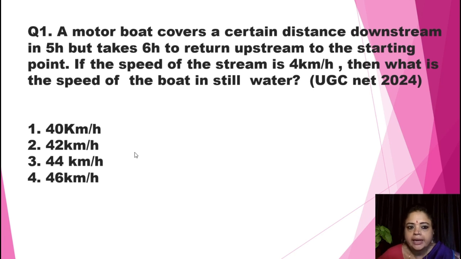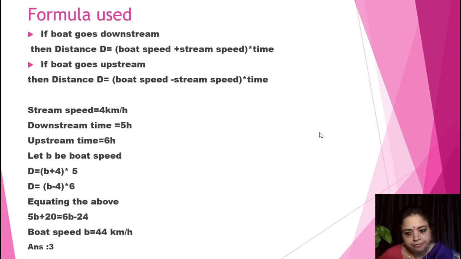The question asked is about the speed of the boat in still water. We cannot directly apply the above formula. Instead, we need to know some tricks or a formula that is used to calculate the speed of the boat. If the boat is going downstream, then the distance d is equal to boat speed plus stream speed into time, because we already know the basic formula, distance d is equal to speed into time.